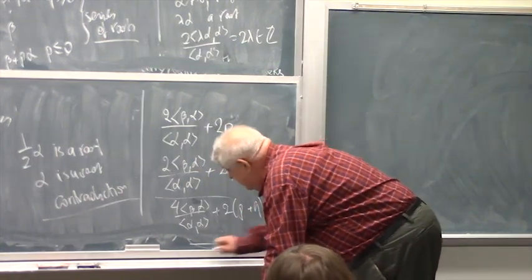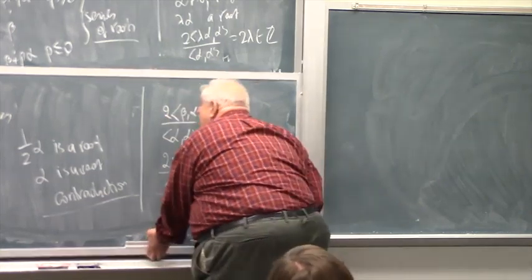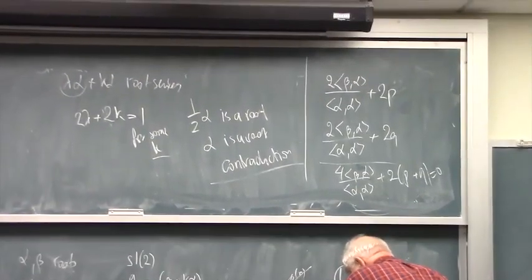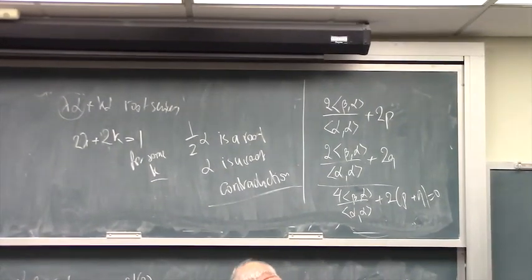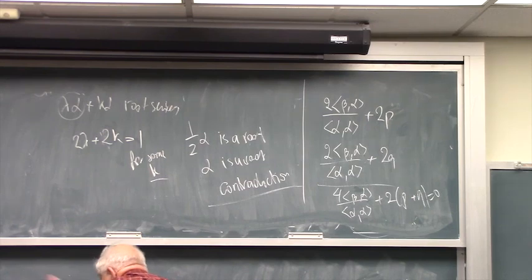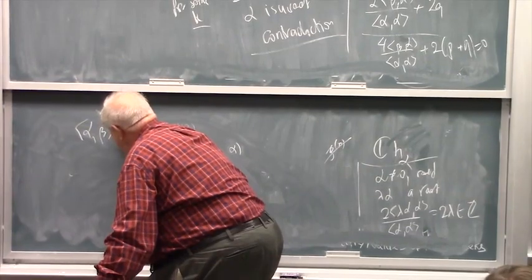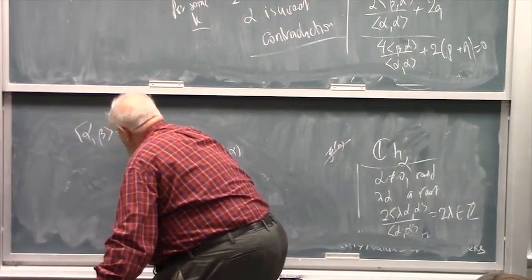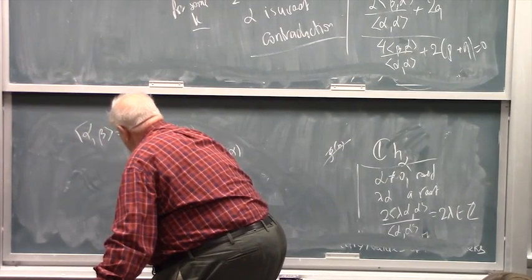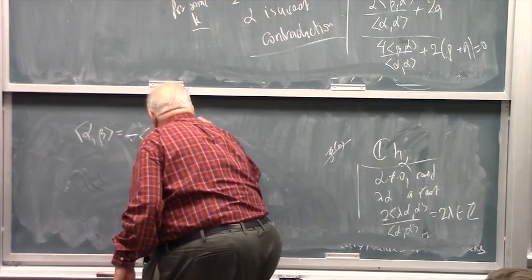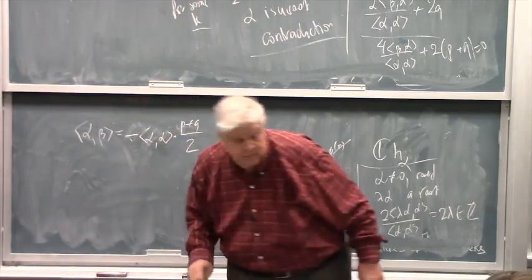This is 0, which certainly means that (alpha, beta) is equal to minus (alpha, alpha) times (p plus q) divided by 2.